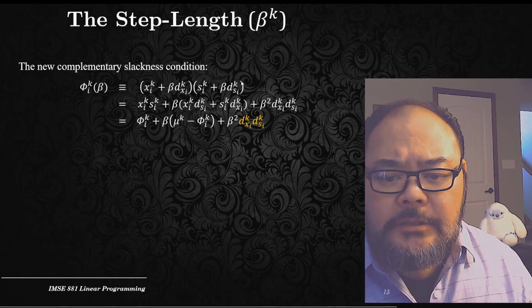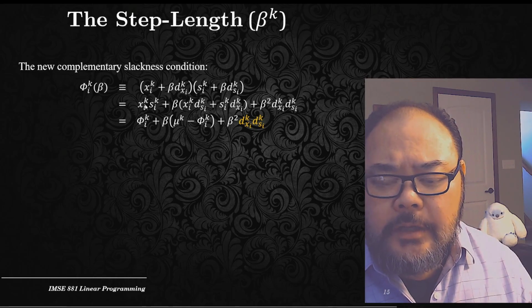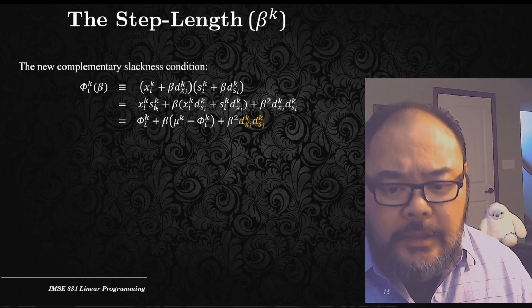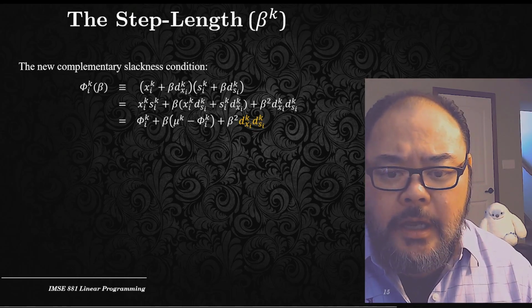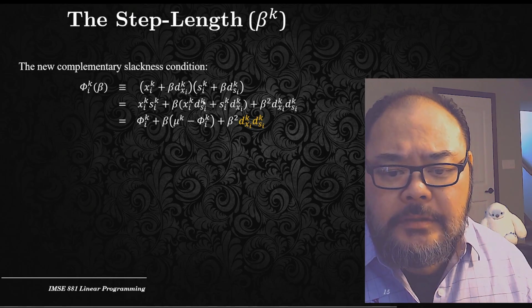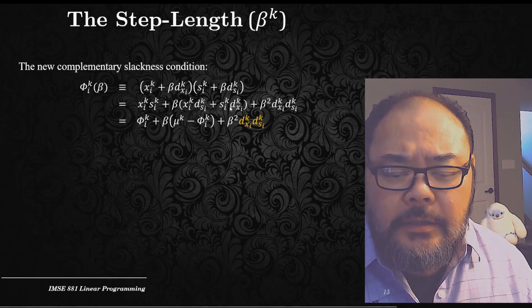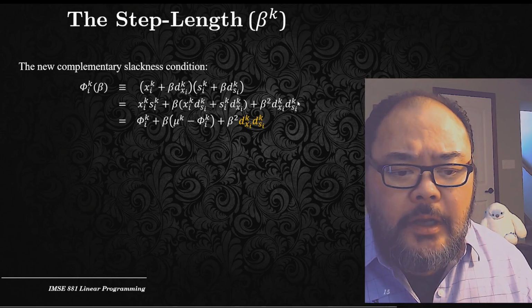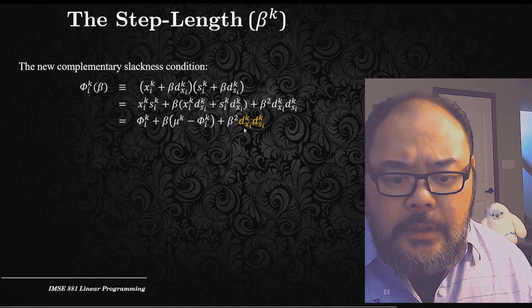After we multiply these two terms together, we have first xik times sik. The second term has beta times sik times dxik plus xik times dsik. And then we have the quadratic term, beta squared times dxik times dsik.